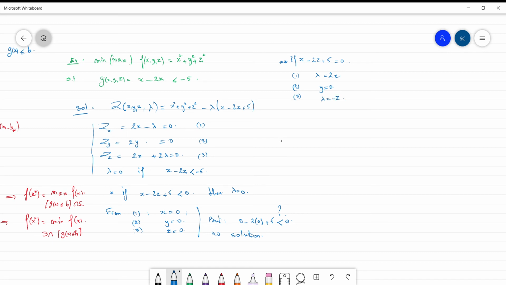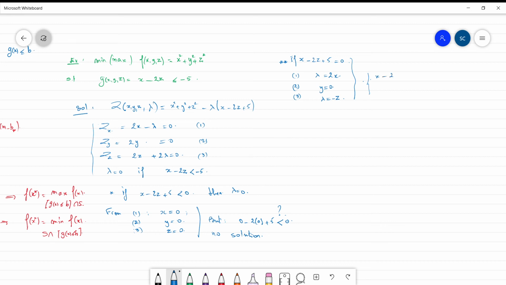So let's substitute into the equation, where x is lambda over 2.